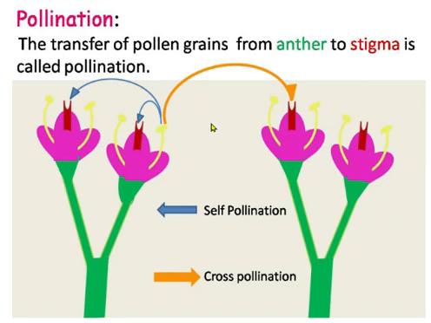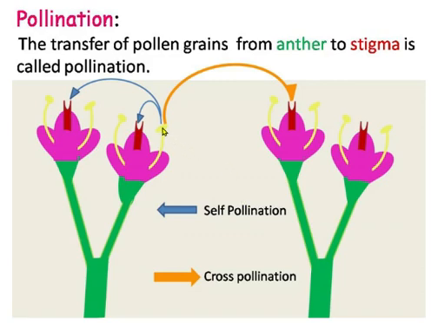There are two types of pollination, self and cross. When the pollen grains from the anther fall on the stigma of the same flower, it is called self-pollination.